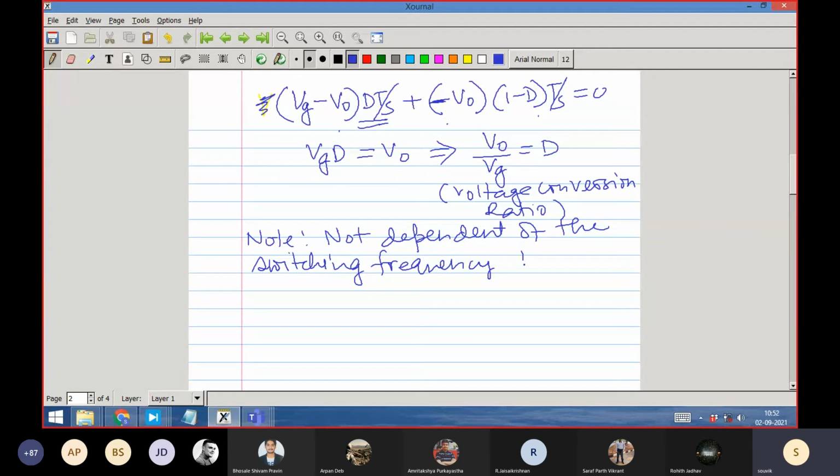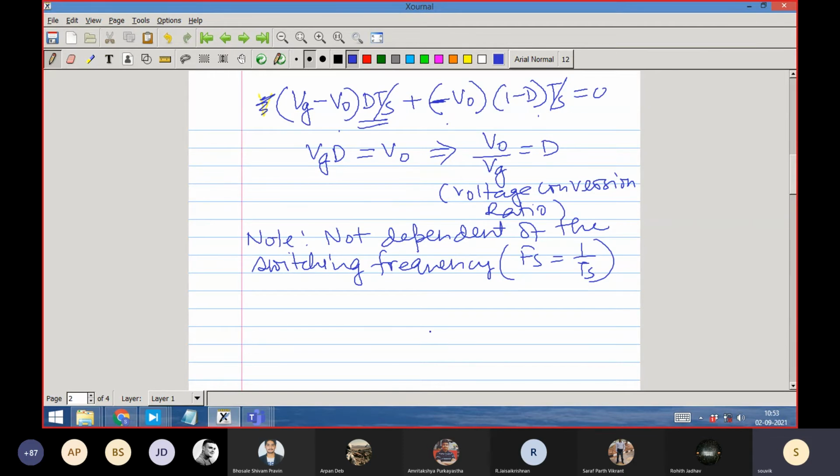Fs is equal to 1 by Ts. So whether you operate the converter at 10 kilohertz or at 100 kilohertz, your conversion formula will not be affected. Your current ripple formula will be affected. Your voltage ripple formula will be affected.